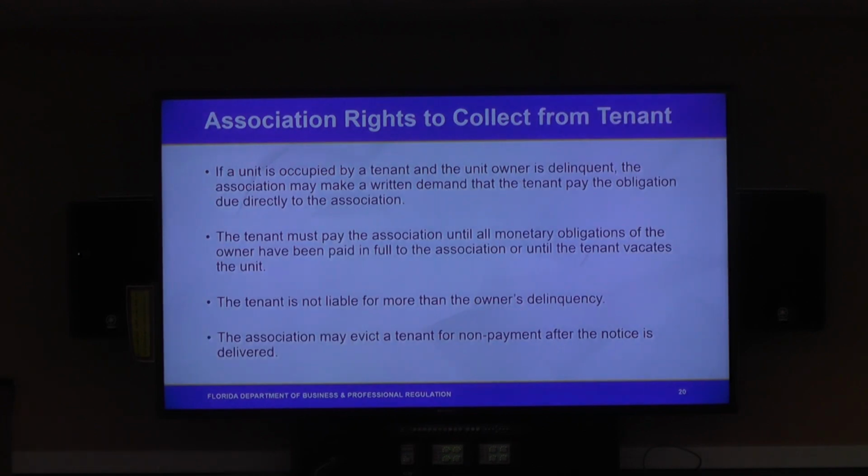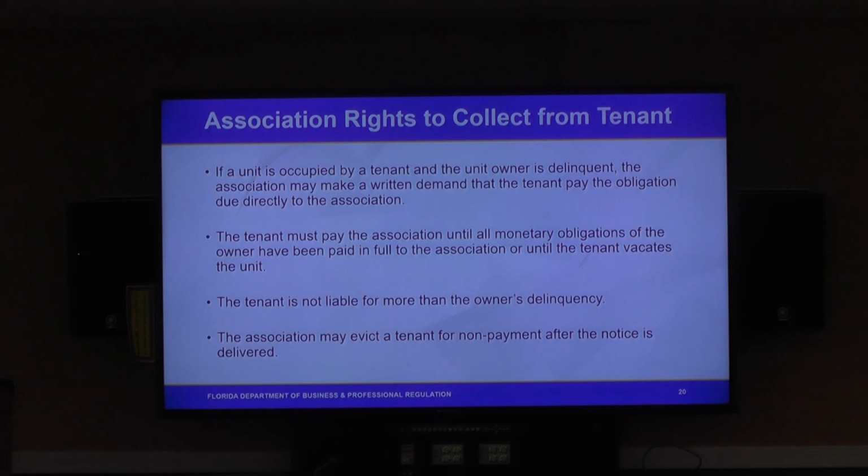Action, right to collect from the tenant. If a unit is occupied by a tenant and the unit owner is delinquent, the association may make a written demand that the tenant pay the obligation due directly to the association. The association must provide the tenant statutory notice by hand delivery or mail in a specific format when requesting rent.